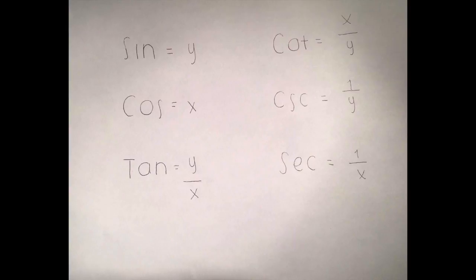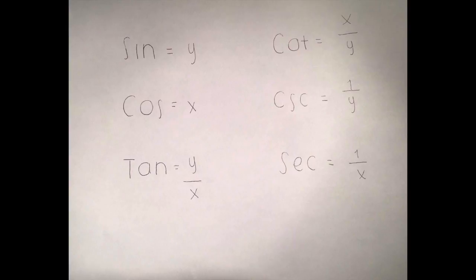An example, as in the other video, depending in which angle you are going to use, is the coordinates you are going to use. As we know, the sine is the y and the cosine is the x. For example, in the unit circle, in the angle 60, the cosine will be 1 over 2, and the sine will be the square root of 3 over 2.